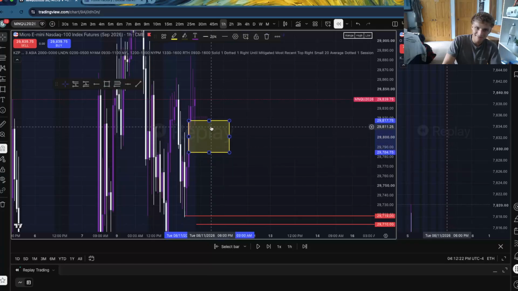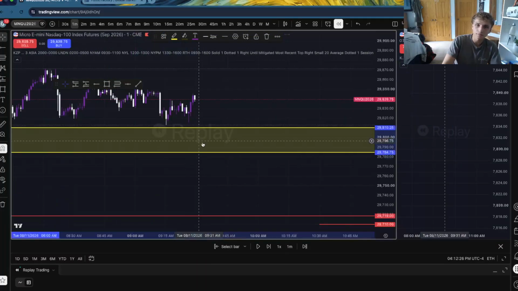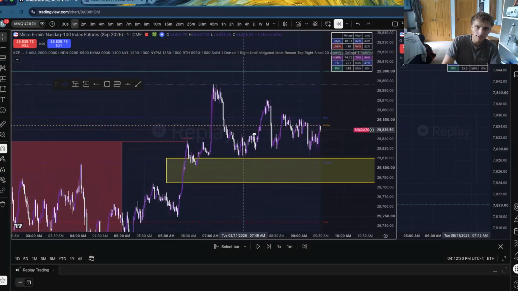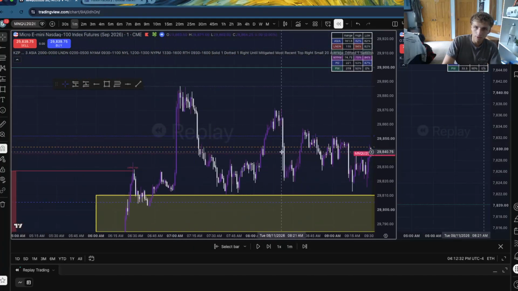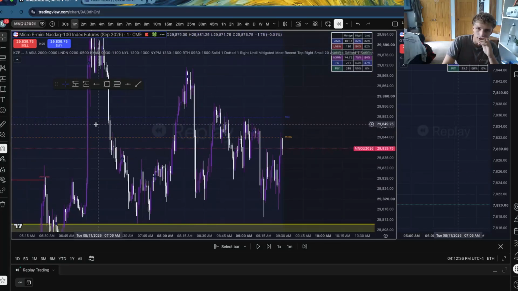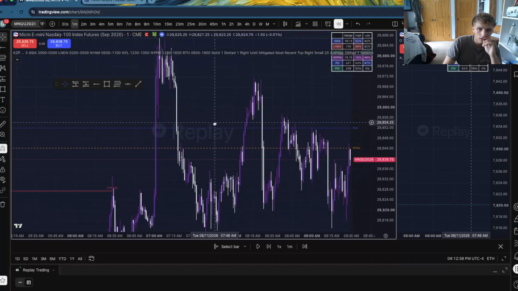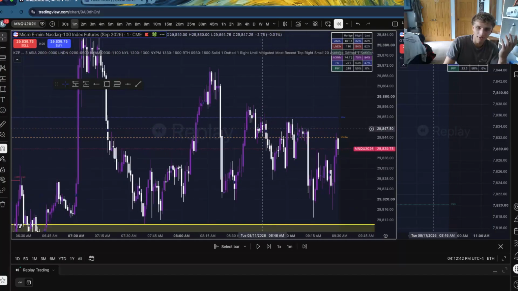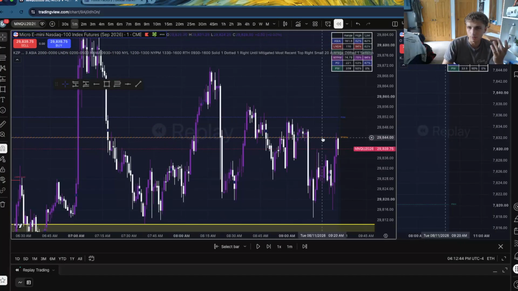I'd say we're probably pretty bearish today because we have all this liquidity below us, and right here we are respecting this bearish gap, we respected this bearish gap, we respected this bearish gap, and we just kept respecting bearish gaps all the way down, all the way till price open. So that's kind of how I do bias.